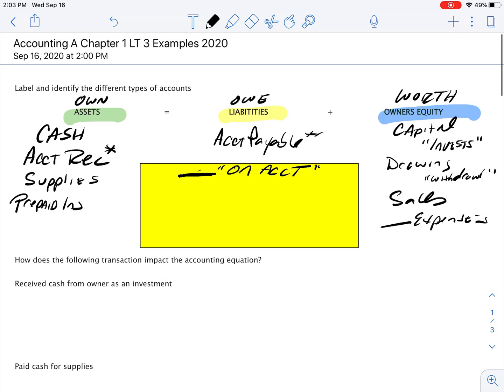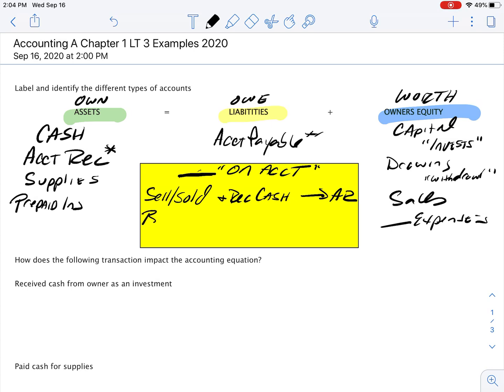If we sold and receive cash on account, that's called accounts receivable, which is an asset. So now it makes sense why accounts receivable is an asset, because we are ultimately going to be receiving cash. We just don't have it now.